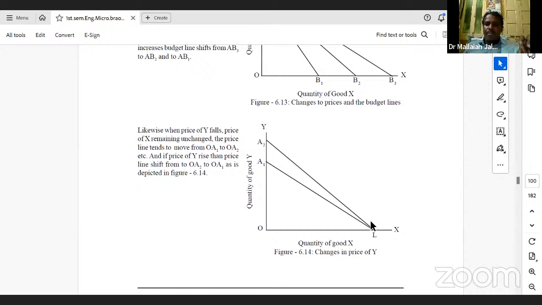That is the reason why the initial A1 to L1 combination, due to the decreasing price of the Y commodity, this Y commodity is going to be purchased more. The same with L and A2. This is clear. Due to the decreasing price of Y commodity, he is purchasing more, OA1 to OA2.